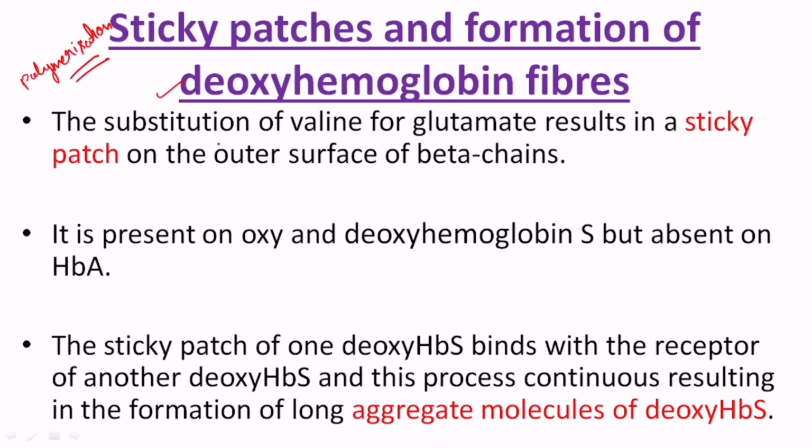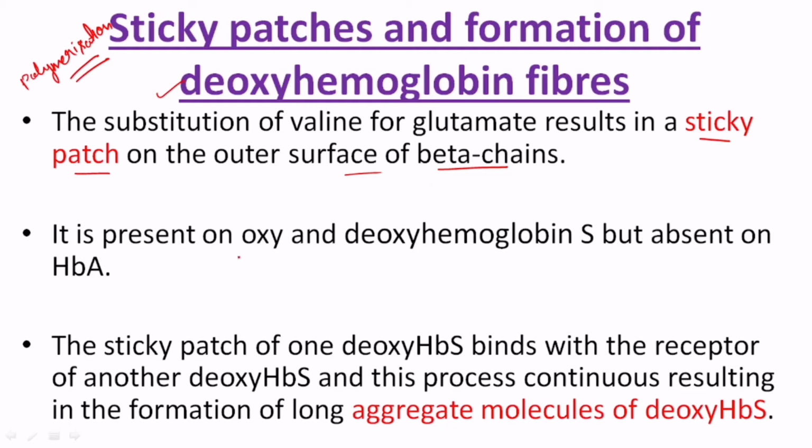As I've already told you, whenever valine is substituted in place of glutamate, it results in a sticky patch. When glutamate is substituted by valine in hemoglobin S, there is a formation of a sticky patch on the outer surface of the beta chains, and this sticky patch or the sticky patch receptor is responsible for the polymerization.